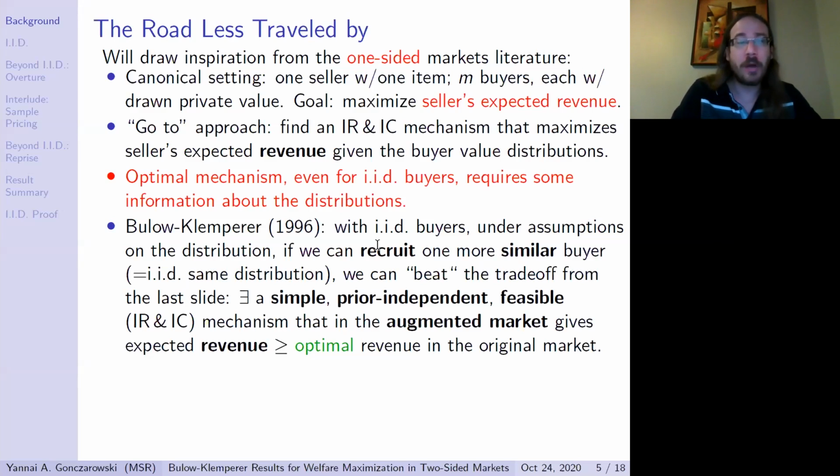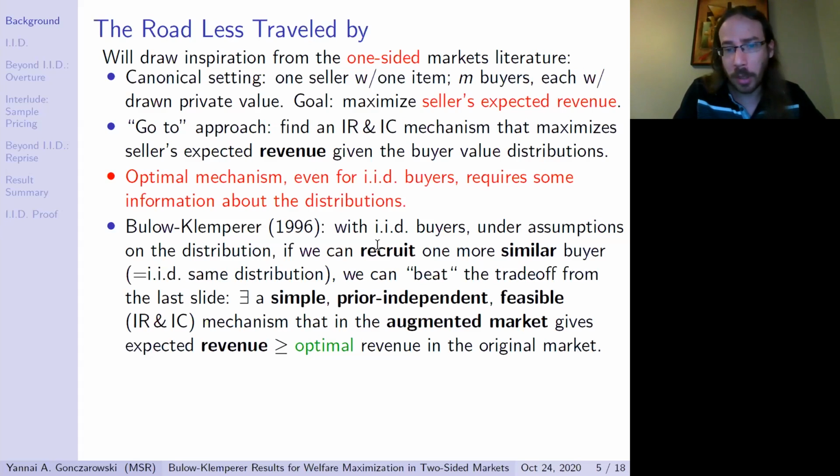Then we can beat the trade-off from the previous slide, this trade-off between efficiency on one hand and simplicity and knowledge on the other hand. There exists actually a simple, prior independent, meaning that it doesn't need to know anything about the distribution, feasible, in this case, IR and IC mechanism that in the augmented market, the one with 1,000,001 buyers, gives expected revenue at least as high as the optimal revenue of the second best in the original market.